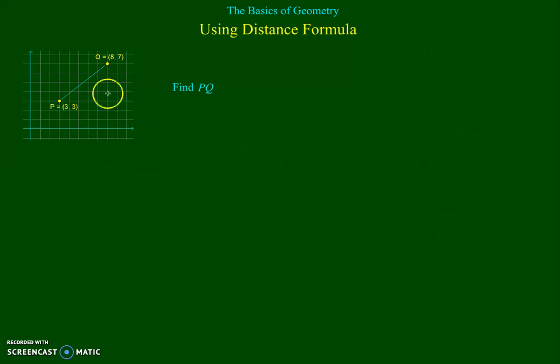Now here we have PQ and the coordinates are 3, 3 and 8, 7. So using the standard distance formula, we know that the distance, we'll just call it D for short, equals the square root of the difference of the x's. So let's take our x terms. That's 3 minus 8.